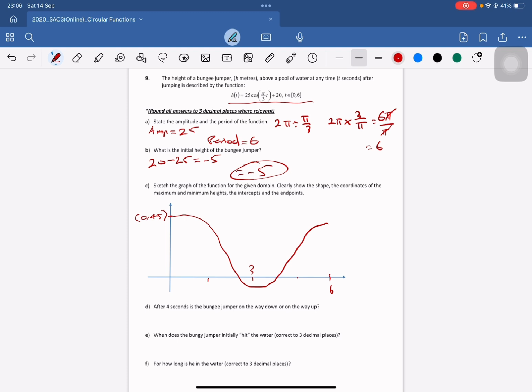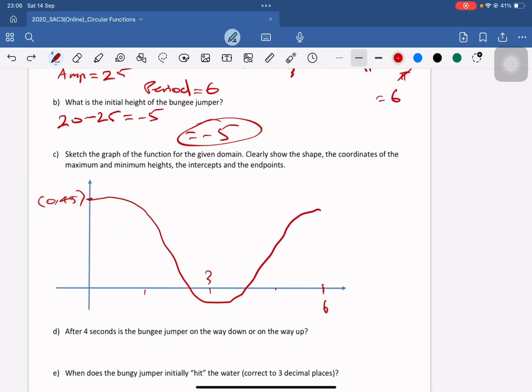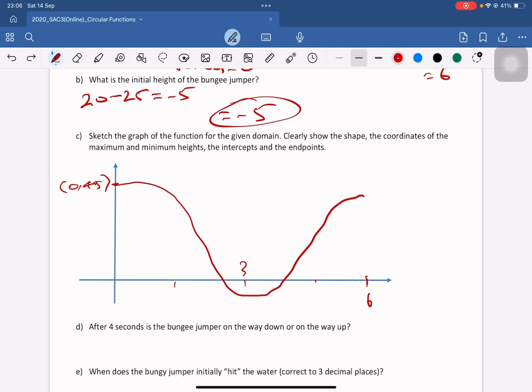So to find the intercept, obviously you do the same thing as we did before. Solve for t here, and you will eventually find the intercept. But in this case, you can just use a calculator.